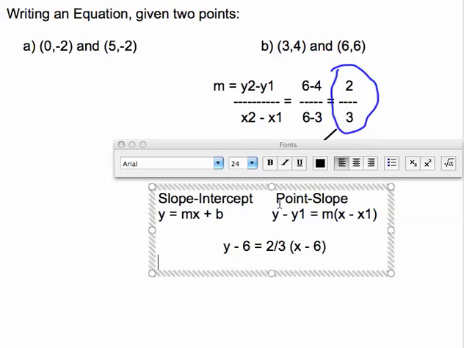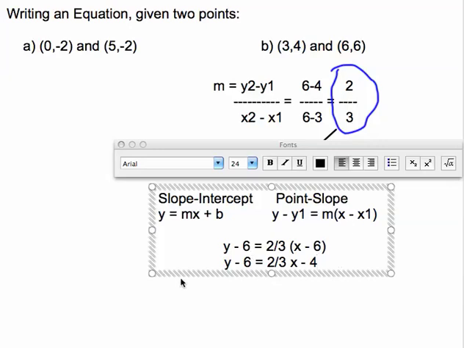And then I simplify. So I get y minus 6, I'm going to leave that alone for now, and distribute the 2/3 through. So 2/3 times x is 2/3 x minus 2/3 times 6, which is basically 12 over 3, which is 4.